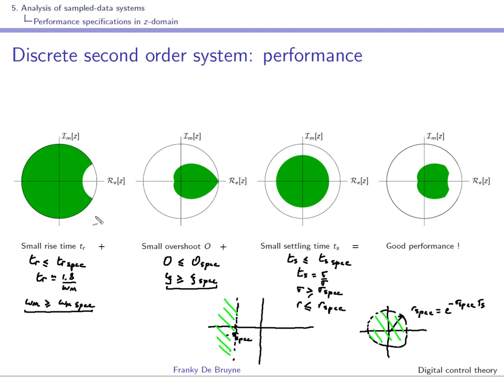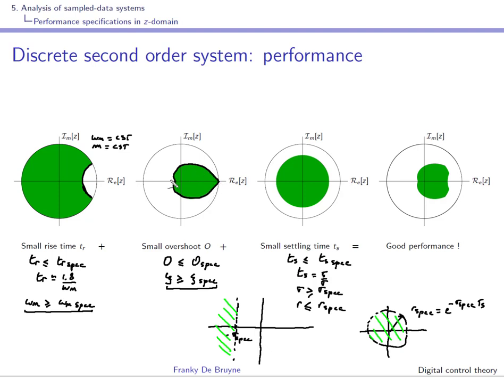So for the rise time, this is a curve of constant omega n in the z domain, right? So this is omega n equal to a constant, or equivalently, if ts is fixed, m equal to a constant. So this type of specification gives you a region that is shown here in green. What you see over here is a line of constant zeta, right?